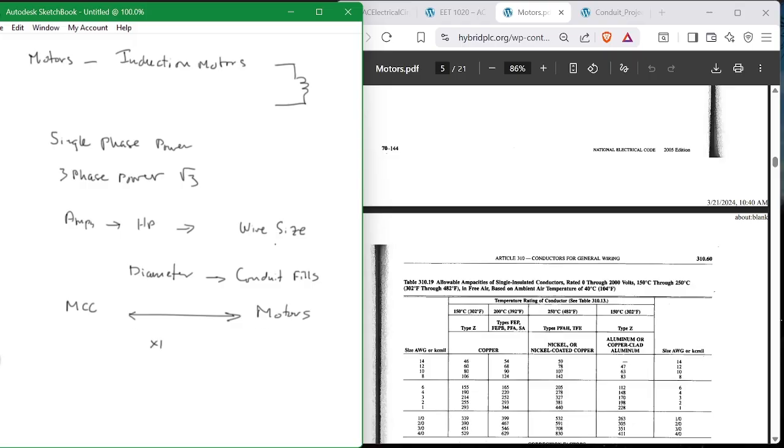But XHHW wire, if you had a fire, the insulation around the wire, here's the wire and here's the insulation around it, would not necessarily melt off. It would just kind of cook in place, and you might be able to use it even after a fire. So there's a fire in your conduit, but you can still use the wires after the conduit has had a fire in it. Okay? Because the insulation, in that type of insulation, does not necessarily melt. Some do.